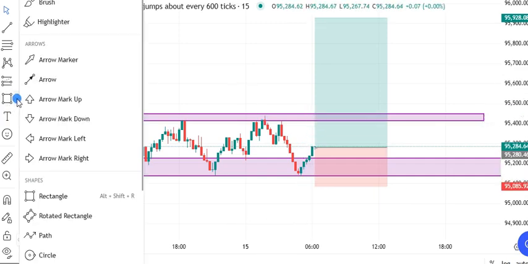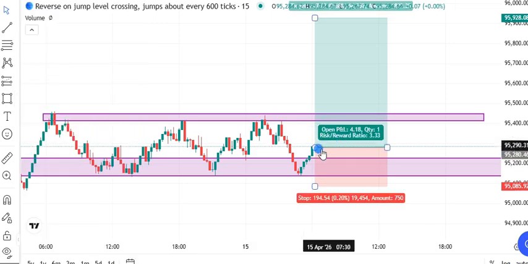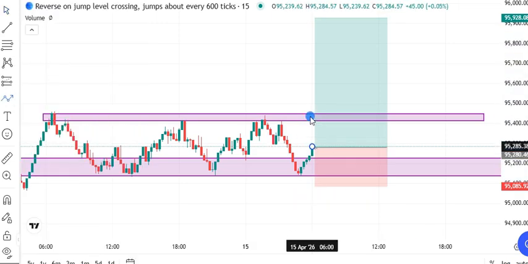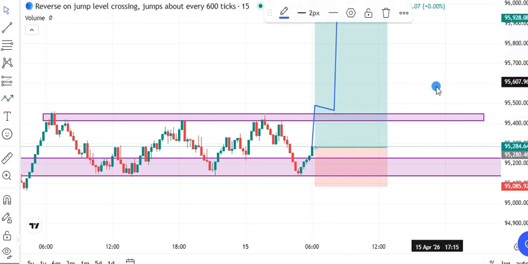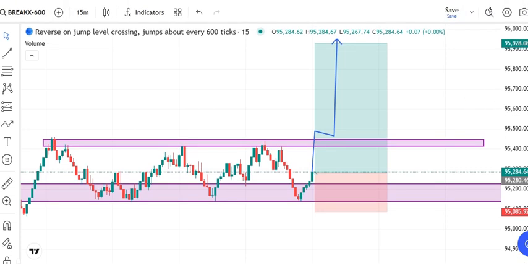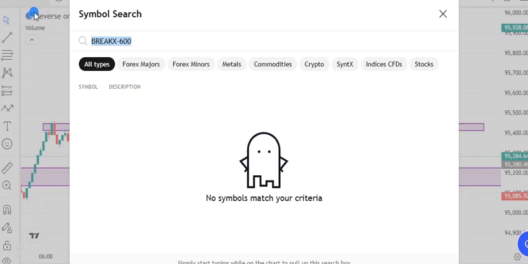So I'm still going to go long, stop loss right here. But I expect it to break out of this level, and after testing there, for me to go long again. So let's see what really happens as the day goes by. So this is my entry on Break 600.